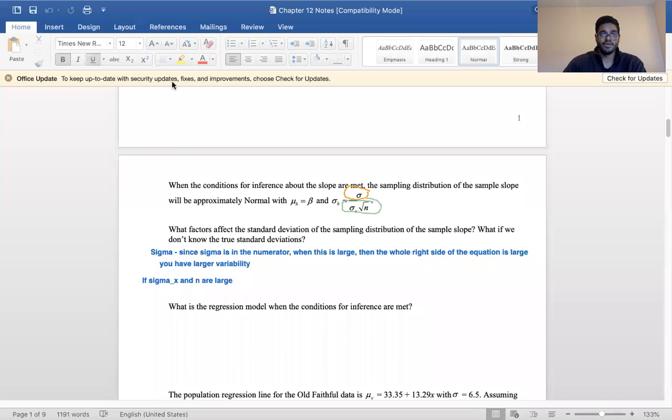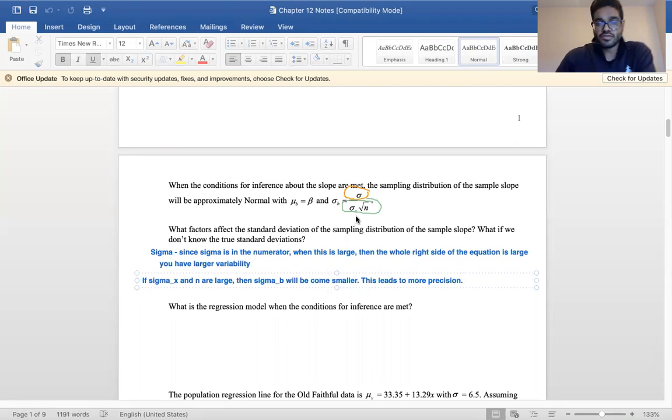So sigma, the standard deviation of the slopes, sigma underscore b, will become smaller. This leads to more precision.